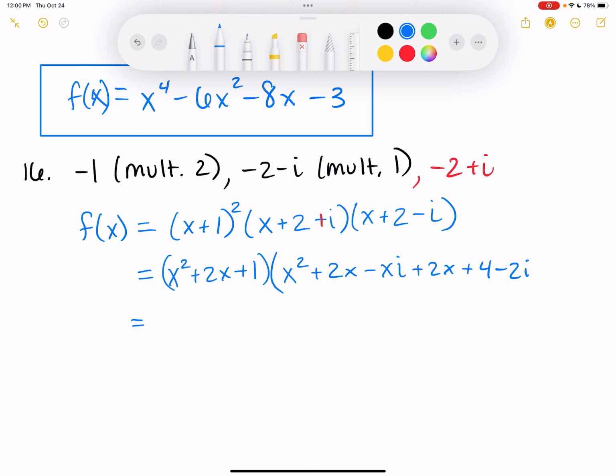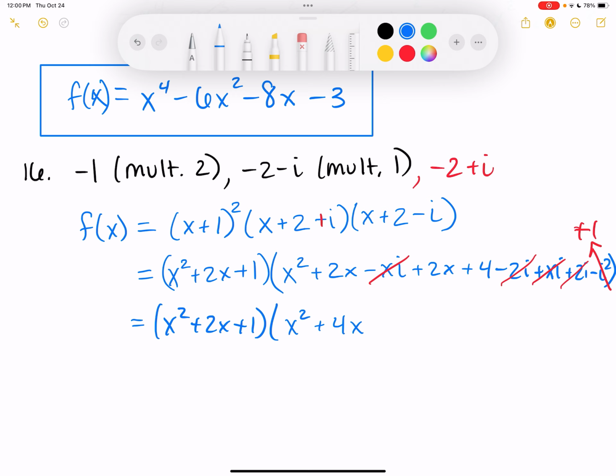Okay, so that stuff should still be right. So then this is plus xi plus 2i and minus i squared. Okay. So now minus xi plus xi minus 2i plus 2i minus i squared becomes, so then I've got x squared plus 2x plus 1 times x squared plus 4x plus 5.